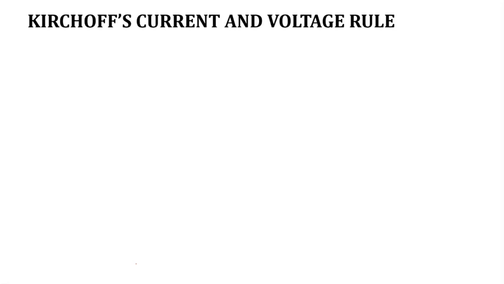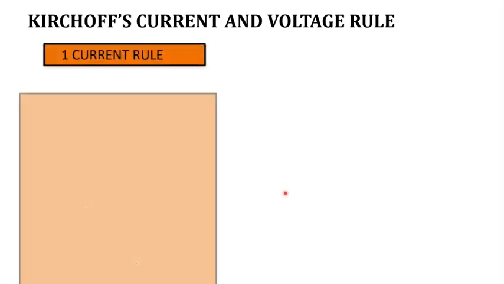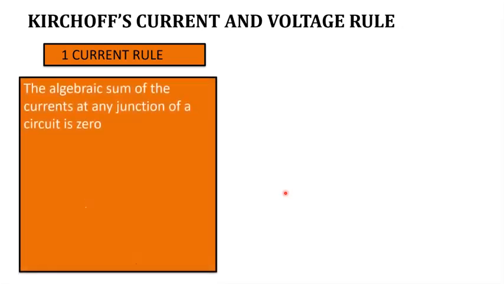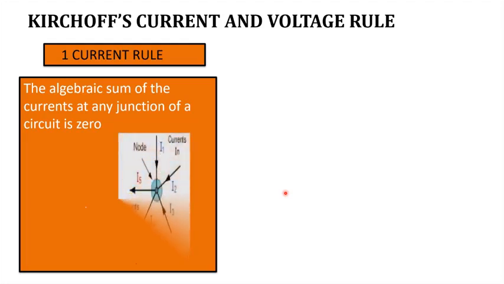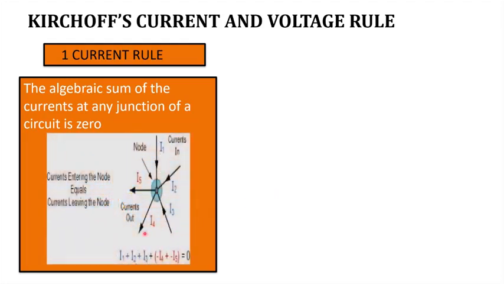Kirchhoff's current and voltage rule. Current rule: the current rule says that the algebraic sum of the currents at any junction of a circuit is 0. At this junction, the currents entering the junction, that is I1, I2 and I3, are taken to be positive, and the currents I4 and I5 going away from the junction are taken to be negative.